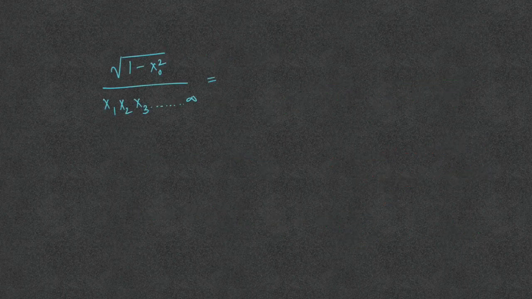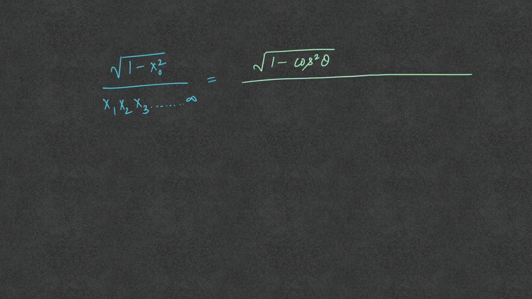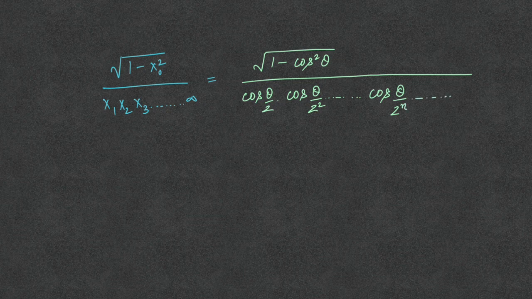Now substituting the values here, we get under root of 1 minus cos square of theta upon cos of theta by 2. For x2, I can write cos of theta upon 2 square, and so on. For the nth term, I can write cos of theta upon 2 raised to power n, and it goes up to infinity.